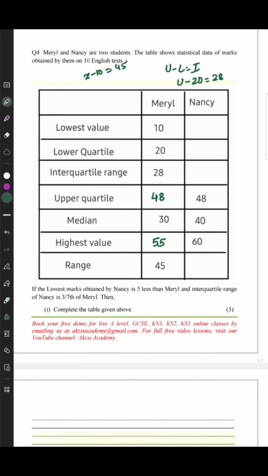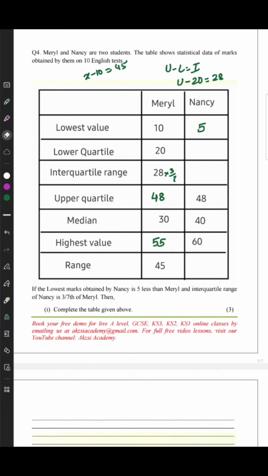For Nancy, we have some information given down there. It says the lowest marks obtained by Nancy is 5 less than Meryl. So if Meryl has scored 10, then 5 less would be 5. Now we just have to calculate the lower quartile, and also the interquartile range is 3/7 of Meryl's. So 3/7 of 28 is 12.